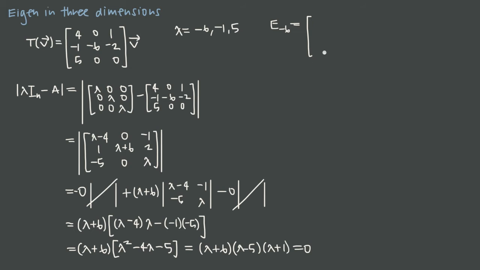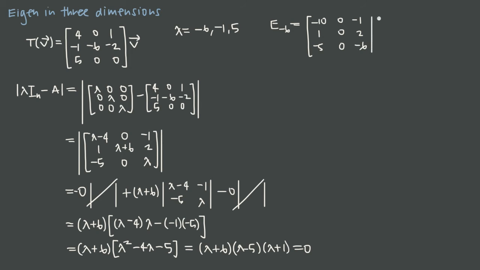So here's what that's going to look like. We'll plug -6 into this matrix. -6 minus 4 is a -10. We get 0, -1, and then 1. -6 plus 6 is 0, 2, -5, 0, and then -6.